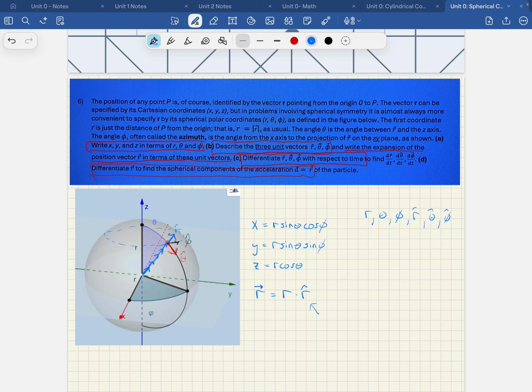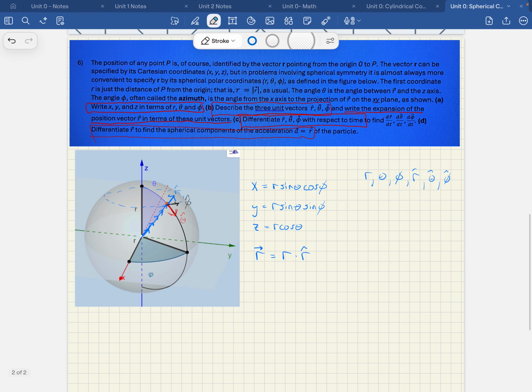All of the dependence in theta and phi is contained within the r hat vector. The r hat vector will change if theta changes. The r hat vector will change if phi changes. So this is my r vector in terms of r, theta, phi, r hat, theta hat, and phi hat.